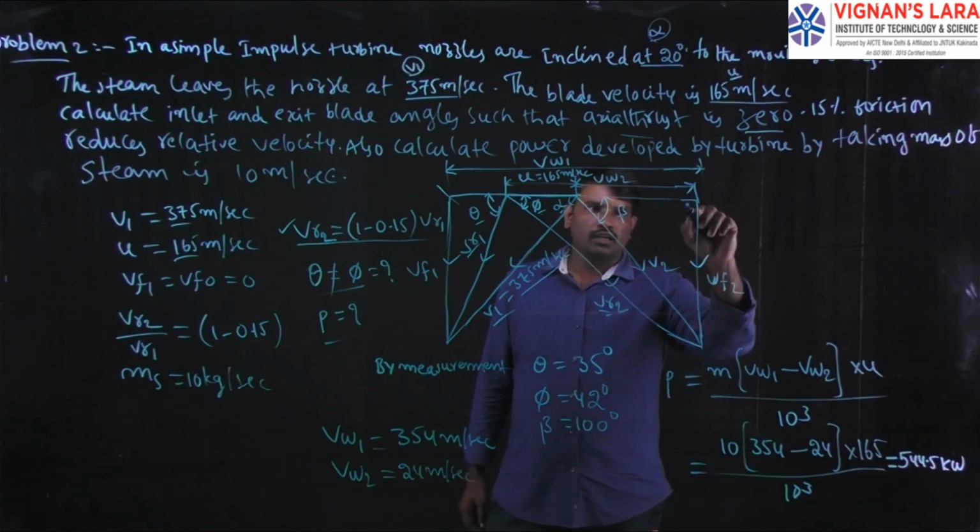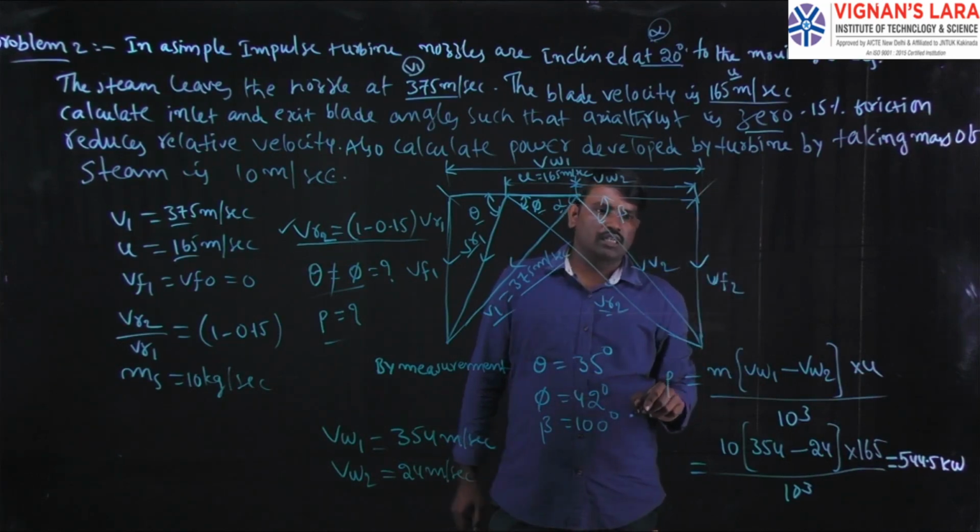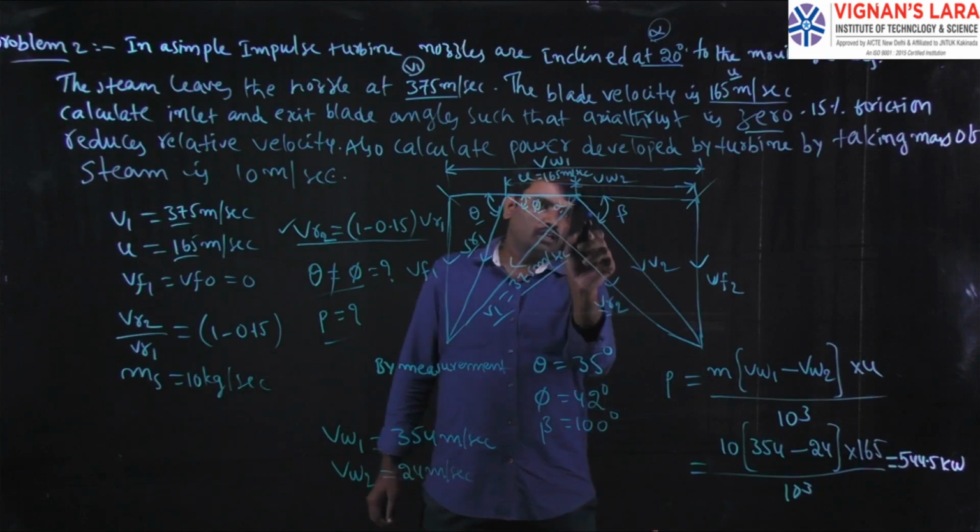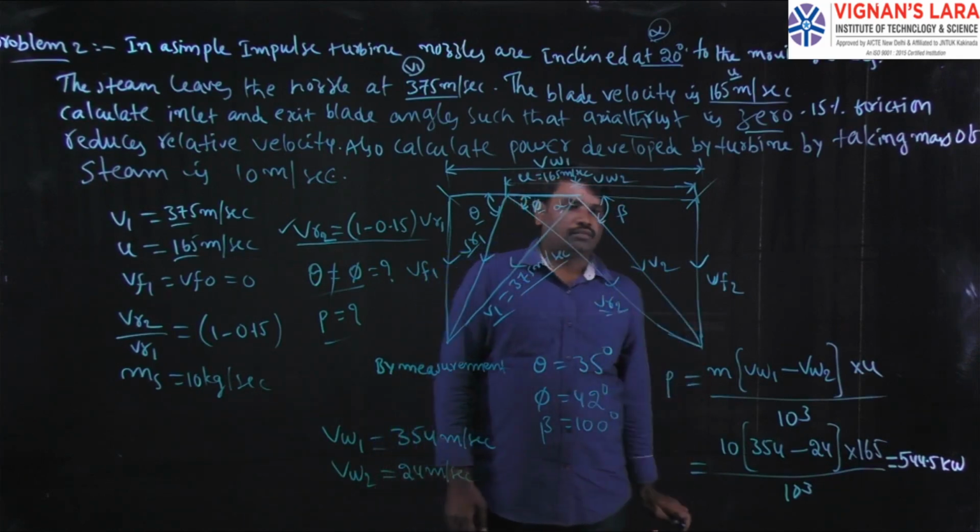They intersect at one location, and then you complete the exit velocity triangle.